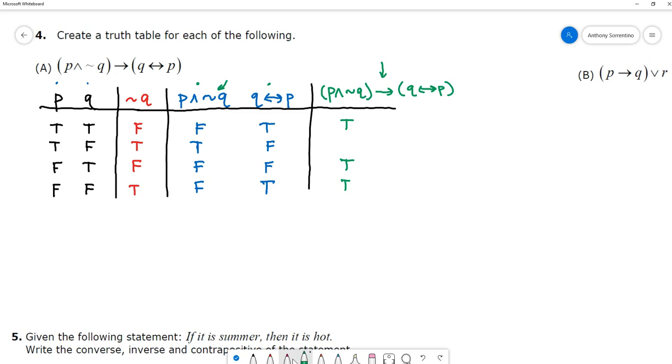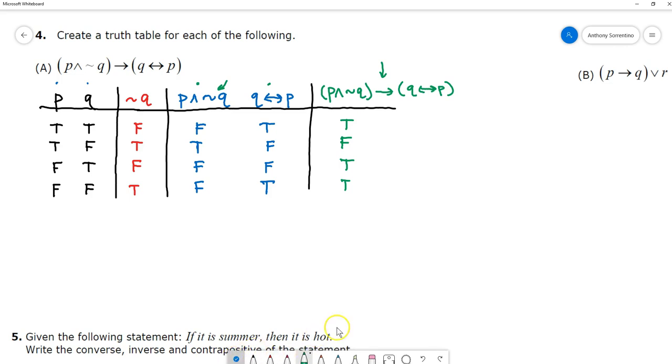And this one here, it's true, but it leads to a false statement, so this would be false. So basically, the statement we have in A would be true if P and Q are both true, if P is true and Q is false. No, take that back. If P is false and Q is either true or false. And it would be a false statement if P is true and Q is false. So, that's the truth table for this one.